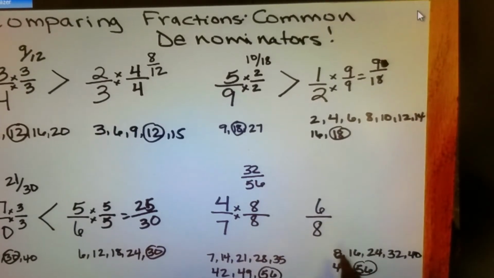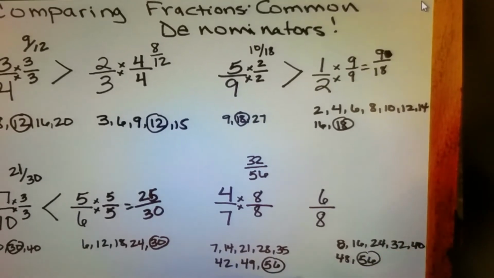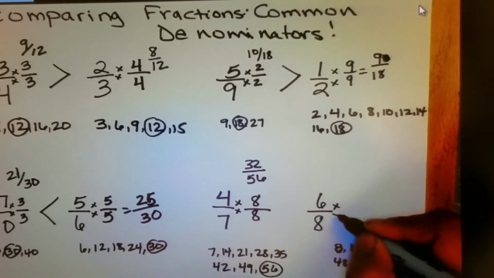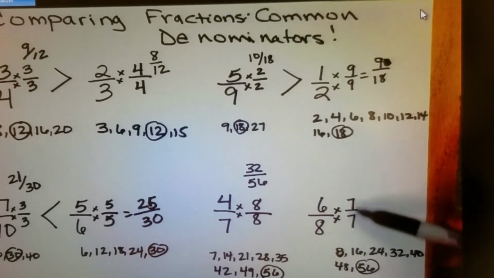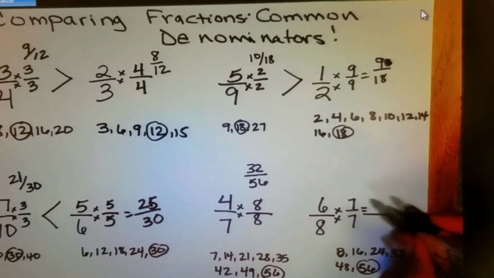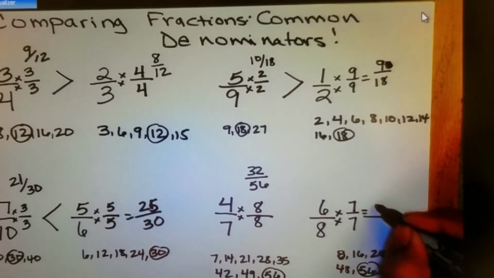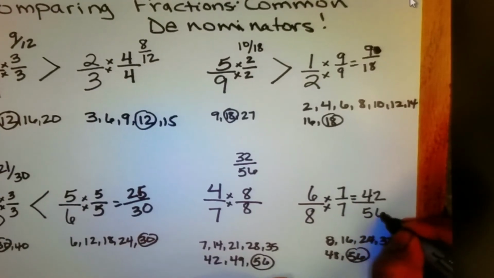If I'm counting my skips over here, 1, 2, 3, 4, 5, 6, 7. 7 times. So 7 times 6 and 7 times 8. 7 over 7 is equal to 1. I will have 42 over 56.